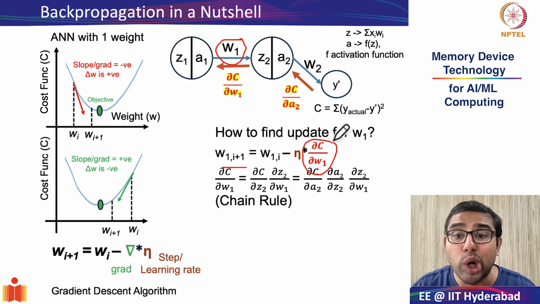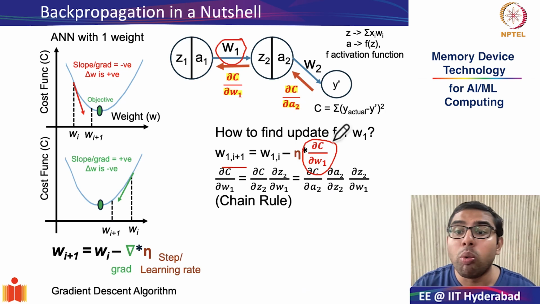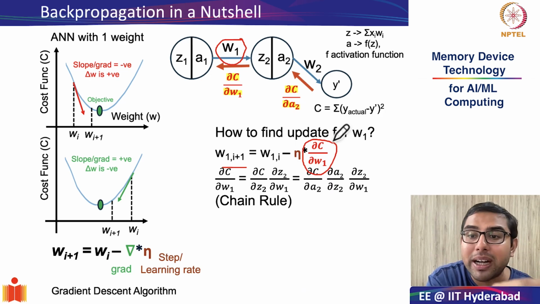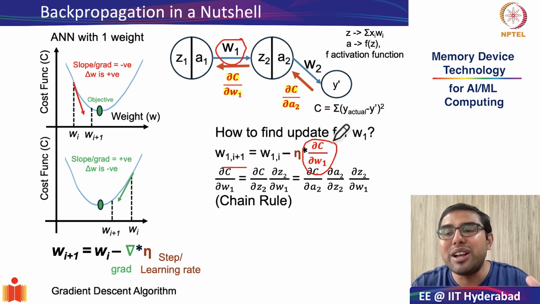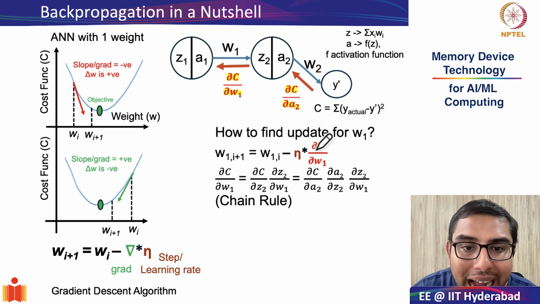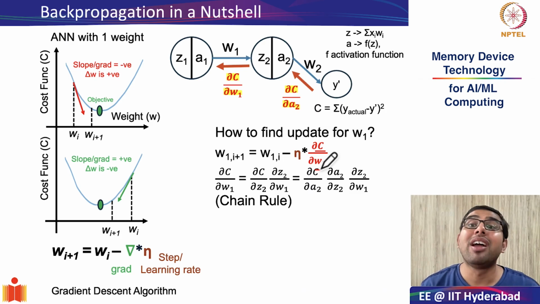However, you have to notice that the cost doesn't directly depend on W1. The cost depends on Y dash, which in turn depends on A2, which depends on Z2, which in turn depends on A1, which finally depends on W1. So in order to connect C back to W1, we have to use something called the chain rule of differentiation, which we may have studied in our basic mathematics courses.